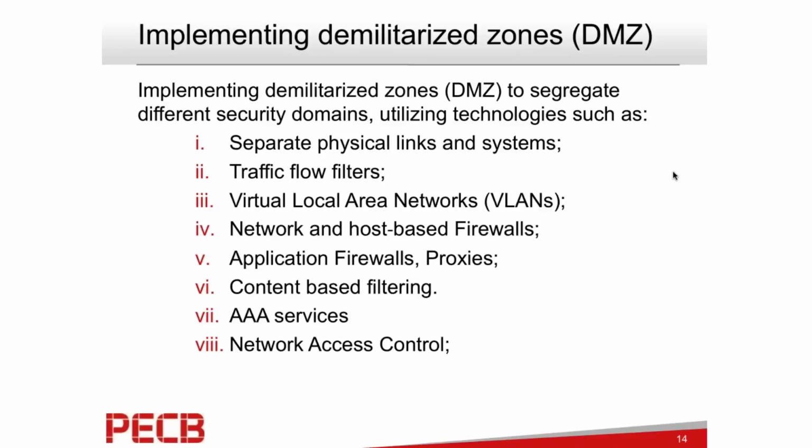Separate physical links and systems, having traffic flow filters, installing network and host-based firewalls, application firewalls, proxies, content-based filtering, integrating with a AAA service, having network access control. All of those are some technologies that can be utilized within your DMZ, considering that it is one of the highly exposed segments of your network.